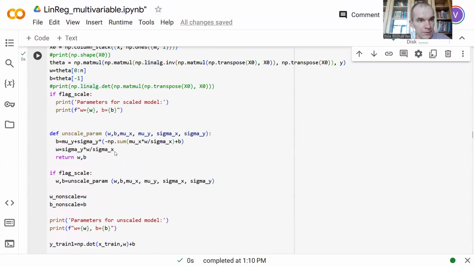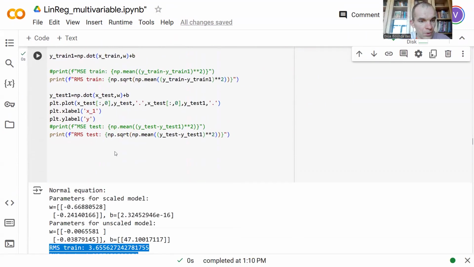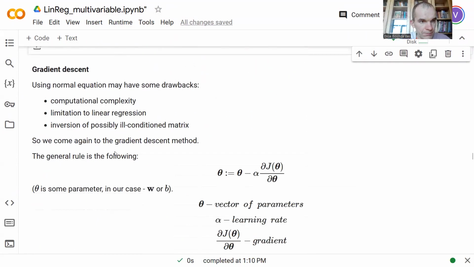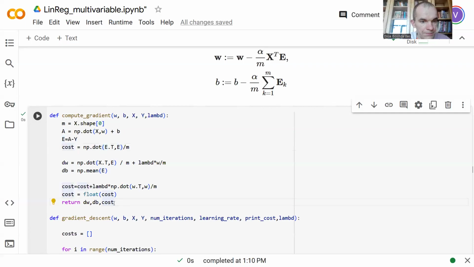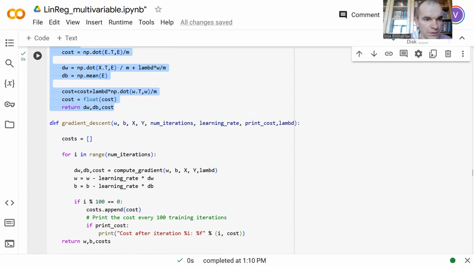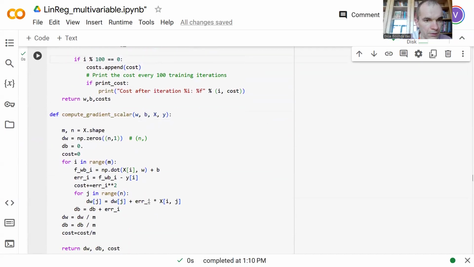But we can also write it as a function. Here I already formatted it as a function, compute gradient, and gradient descent is quite a short function which consists of computing gradient and updating W and B. So some kind of visualization.